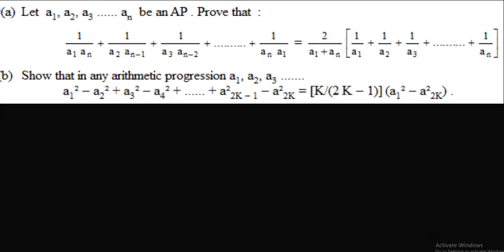Now here the question is, let a1, a2, a3, ..., an be an AP, then we need to prove that 1 upon a1an plus 1 upon a2a(n-1) plus 1 upon a3a(n-2) up to 1 upon ana1 is equal to this right hand side. Now we have one interesting property in arithmetic progression, and the property is that the arithmetic mean of terms which are equidistant from the beginning and the end are equal.